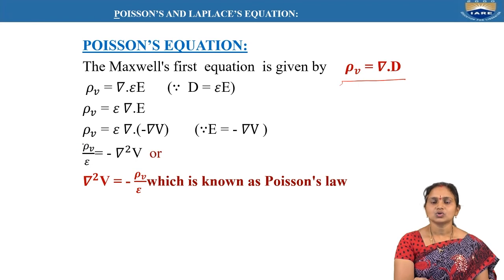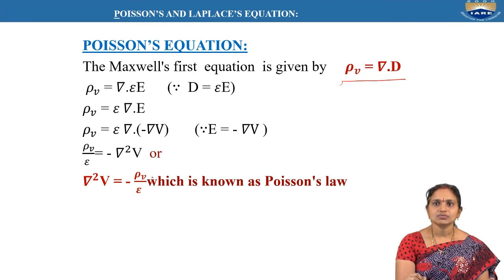So rho v by epsilon equals minus del square V. This Poisson's equation gives the relation between potential V and volume charge density rho v: del square V equals minus rho v by epsilon. We can call this Poisson's equation or Poisson's law.